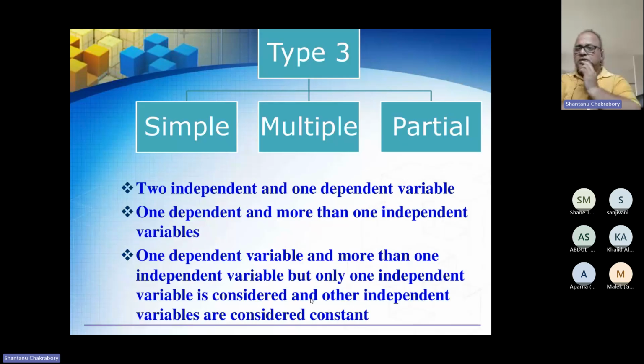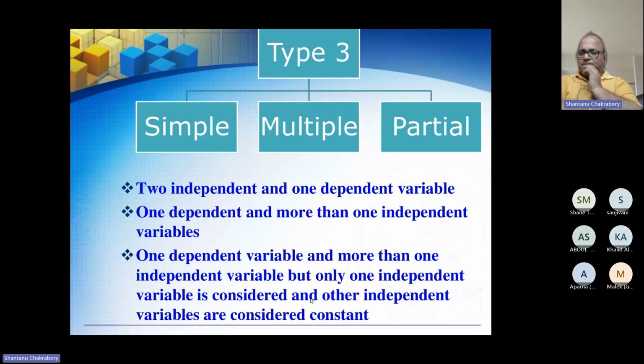Now, we also need to know what is a simple correlation, what is a multiple correlation, and what is a partial correlation. So we can have type 1, that is one dependent and one independent variable.